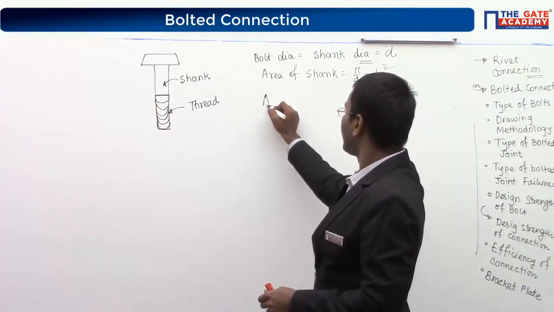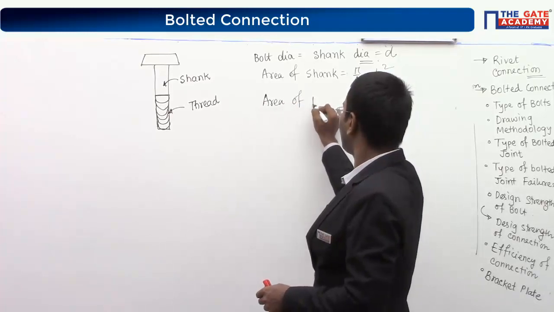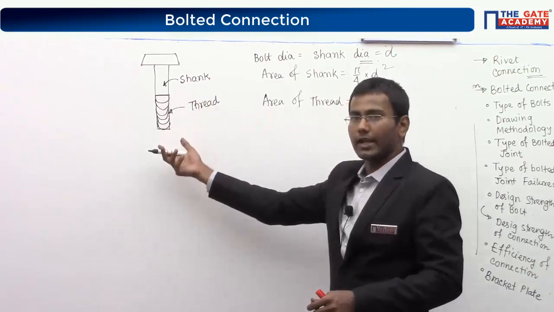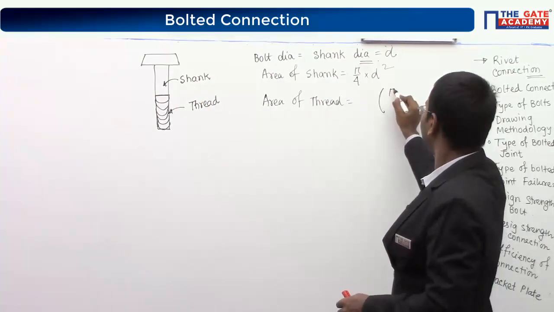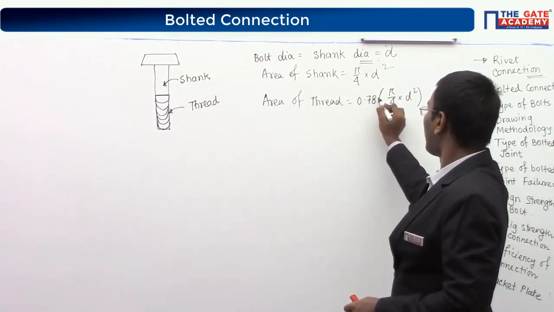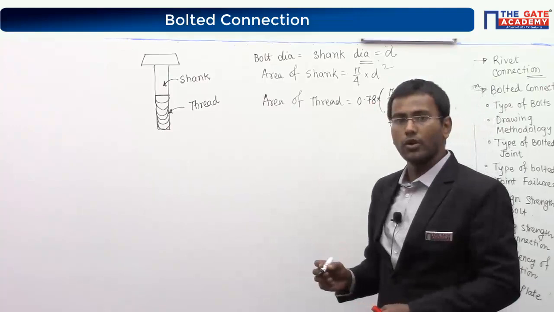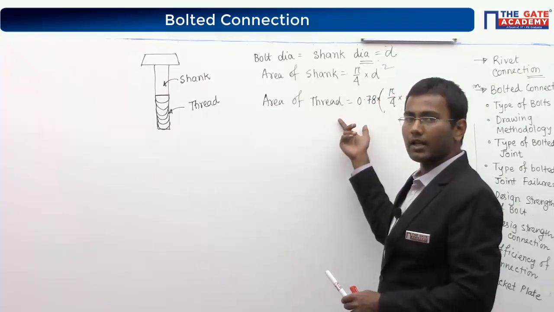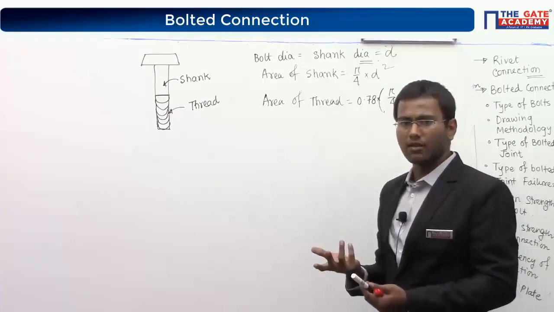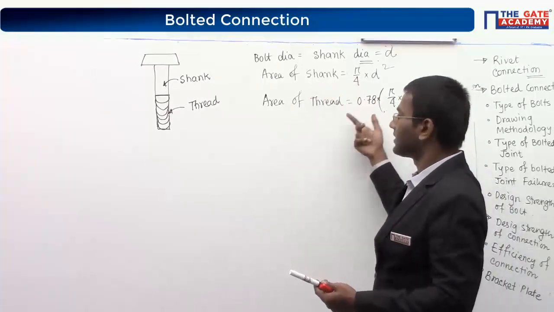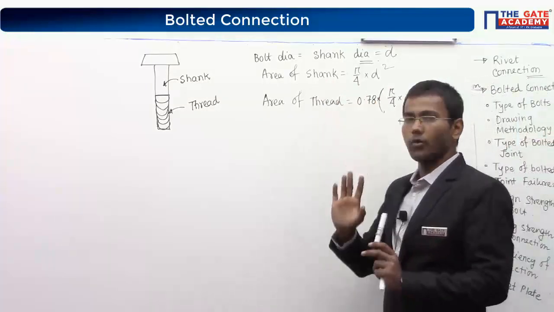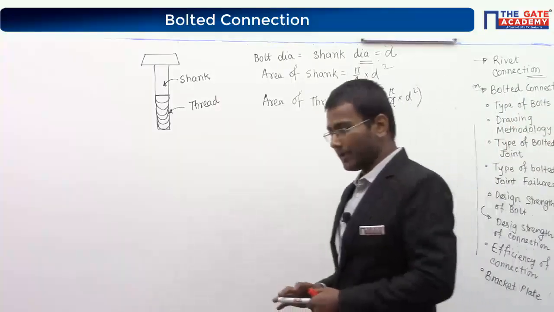The thread area will be a lesser value compared to the shank. As per the given code, we will take 0.78 times the shank area. Whatever the shank area is, if it is 100, it will be 0.78 multiplied by 100. So that's all. Shank area and thread area we can easily calculate for bolts.